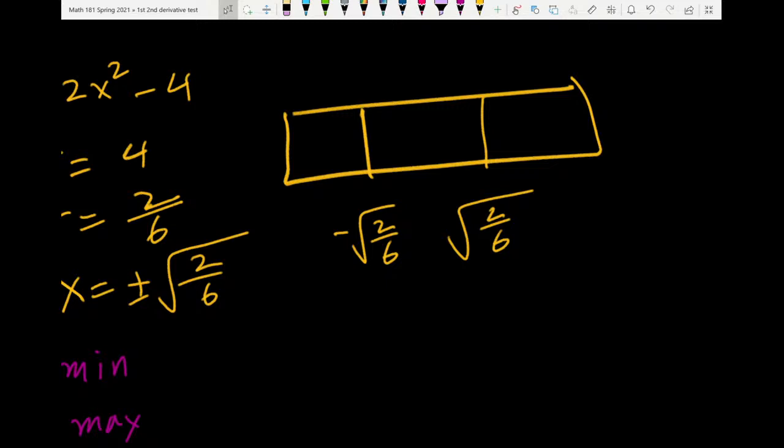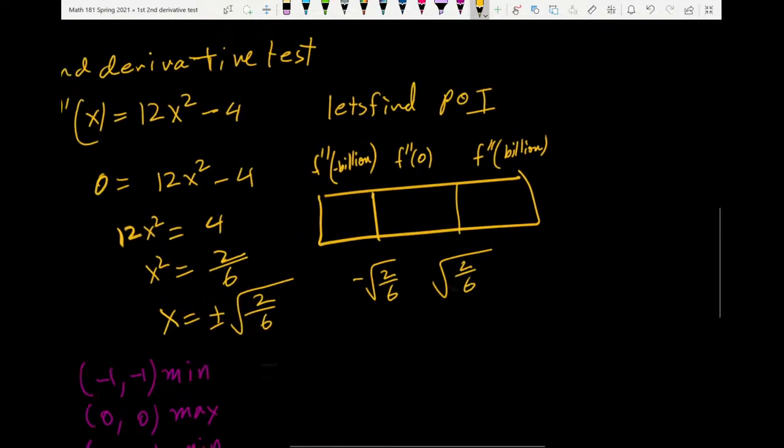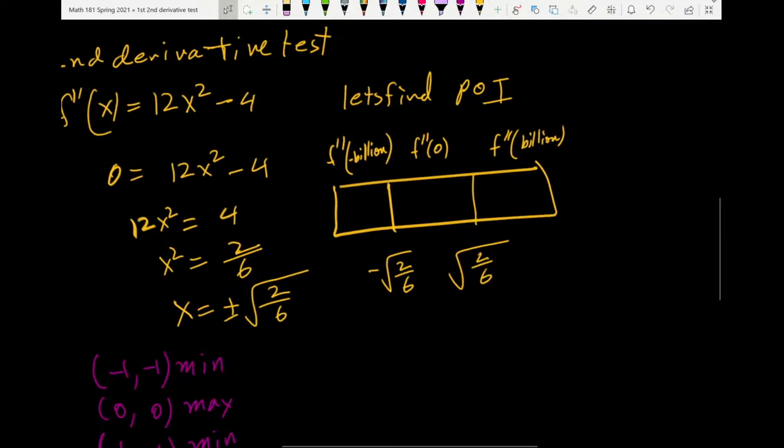So over here, we plug in f double prime of 0. Over here, we plug in f double prime of a big positive number, and f double prime of a big negative number. I want to know if it's going to be positive or negative. So here's my function.